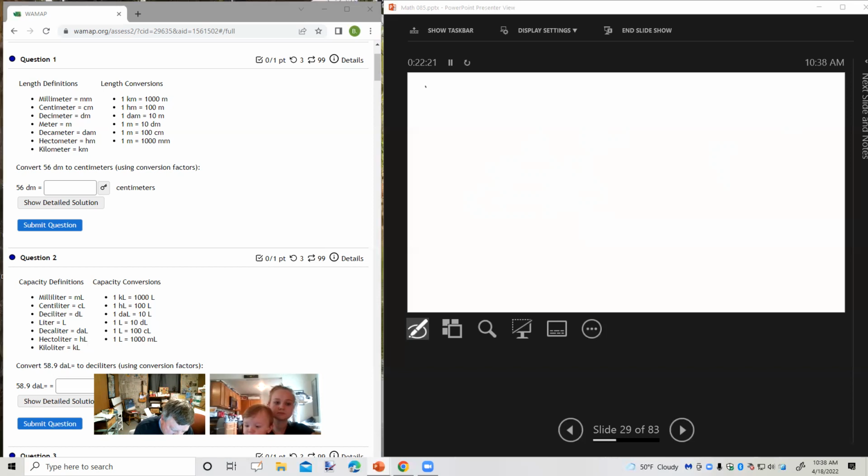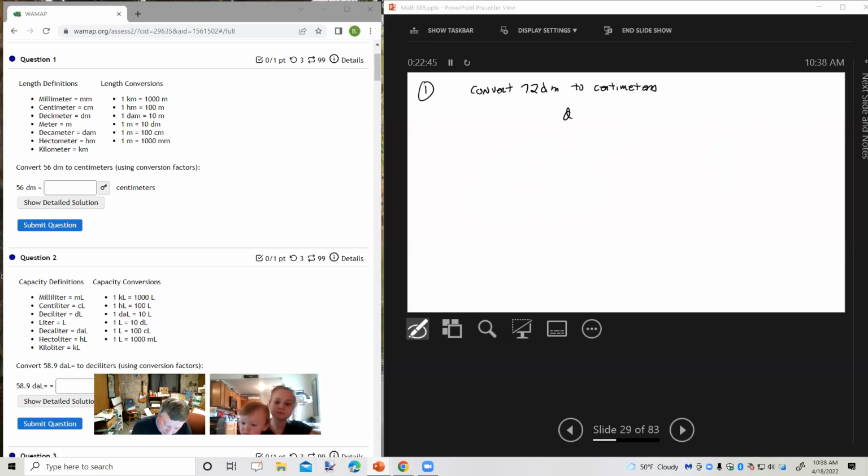So let's take a problem, and let's say we're going to convert 72 dm to centimeters, using conversion factors. Now, dm is what? Decimeters. And then centimeters.